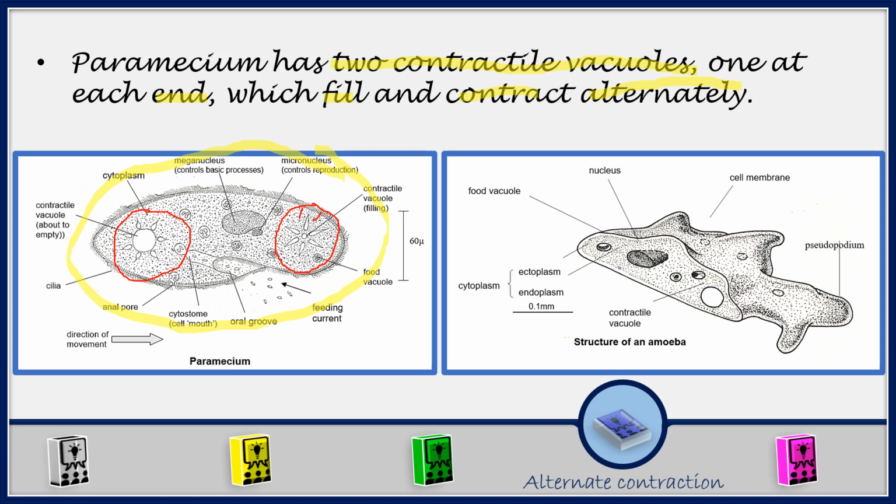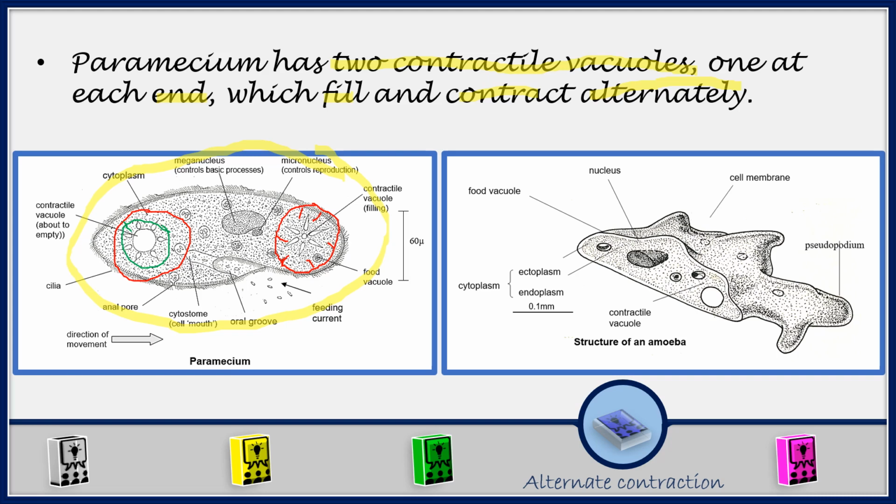This one here, the contractile vacuole is small because it is just starting to fill. Whereas the contractile vacuole this side is already filled up. You can see it is swollen and it is ready to expel the water outside. So they are going to contract and fill alternately.